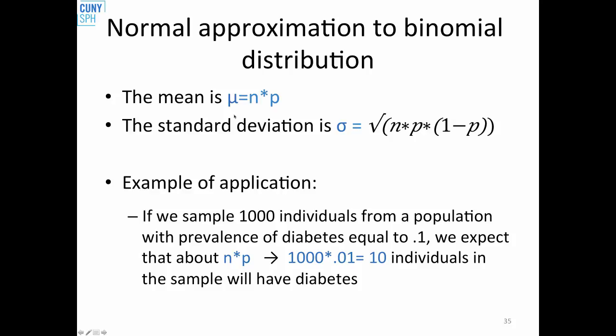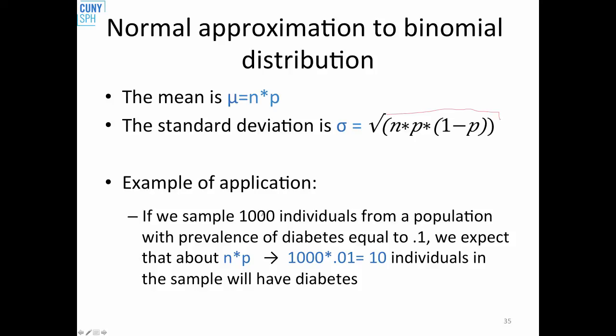So the approximation is a normal distribution with a mean of the number of trials times the probability of success in each trial. So for 100 trials with a 50% probability of success, the mean is 50. And a standard deviation, which is the square root of n times the probability of success times 1 minus the probability of success.